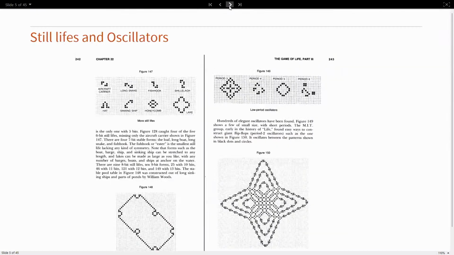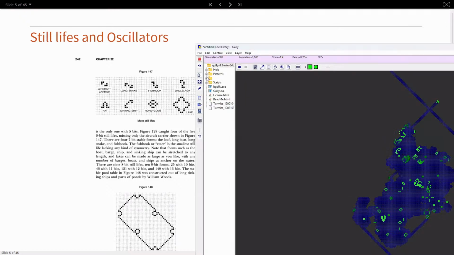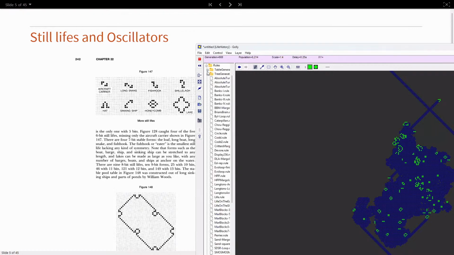Martin talked about the various still lifes you could get. For example, the fish hook is also known as the eater because it's very good at controlling chaos. You can also get oscillators such as these.